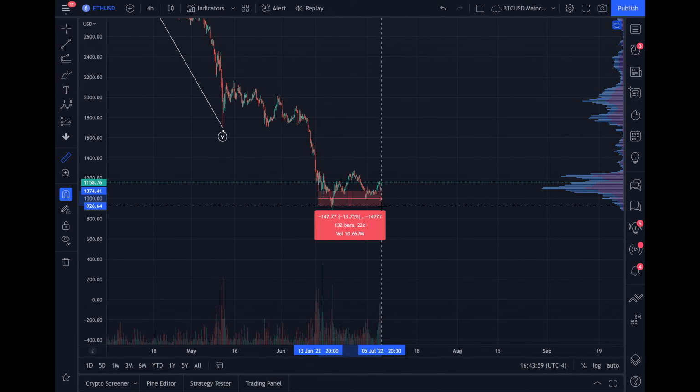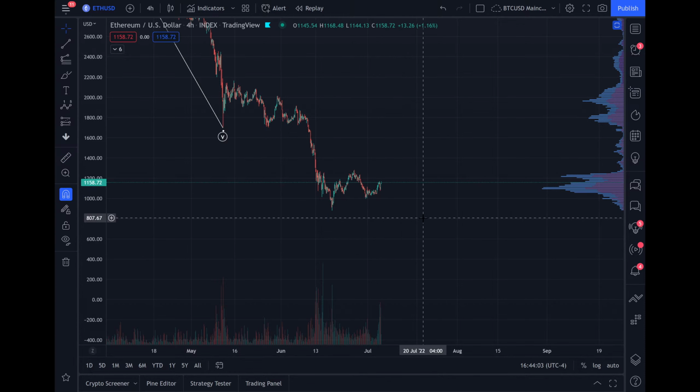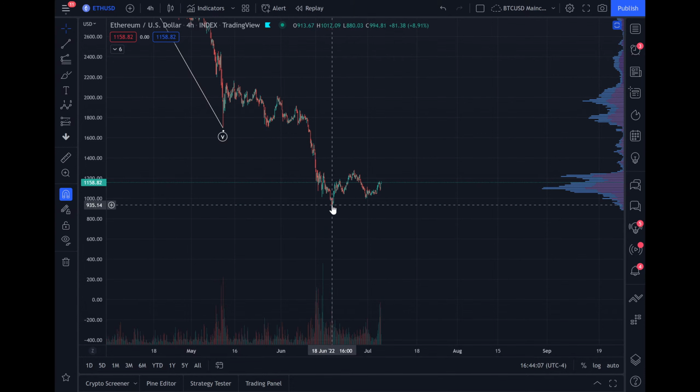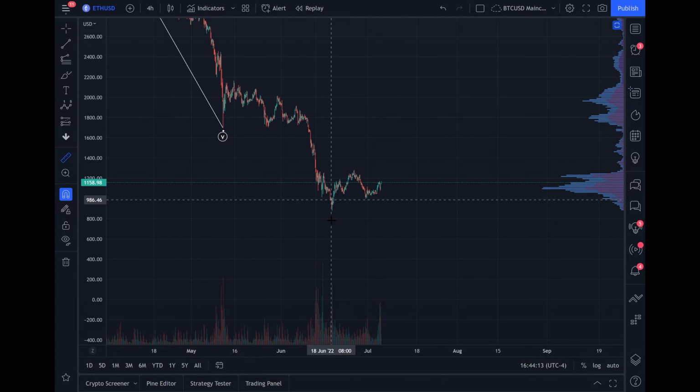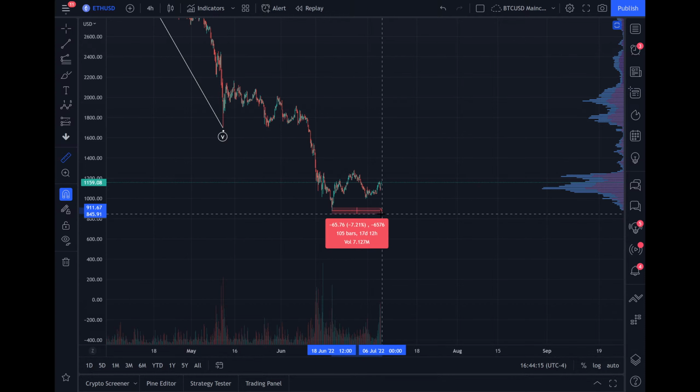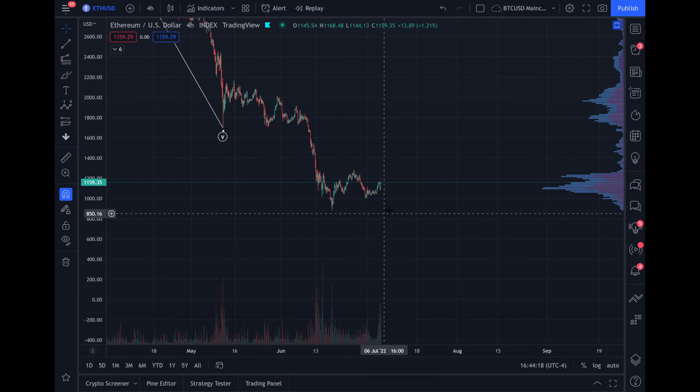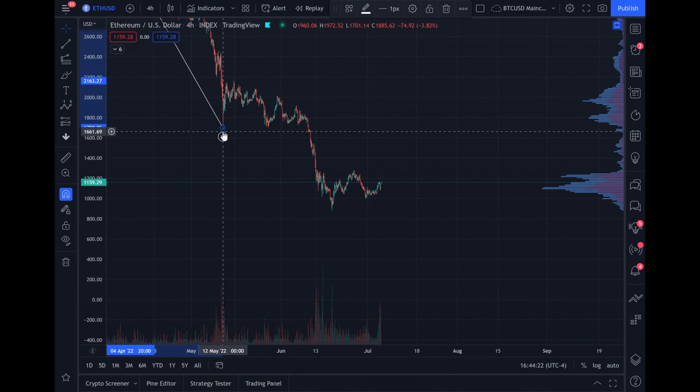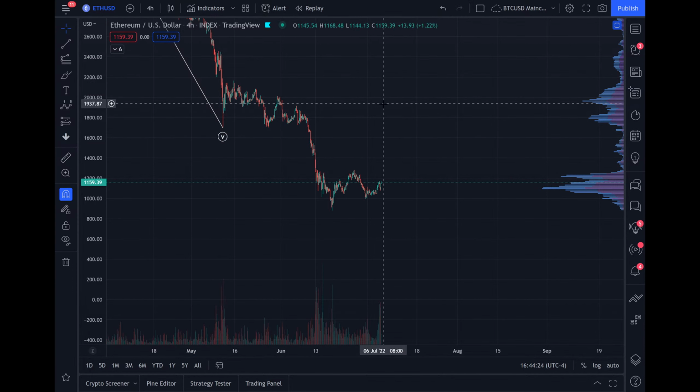It's only been 22 days, okay, since it's hit the bottom. And actually June 18th is the orthodox low, right? So it's not 22 days, it's been 16 days, okay? So anyway, I do think that Ethereum is very, very similar to Bitcoin in its price action.